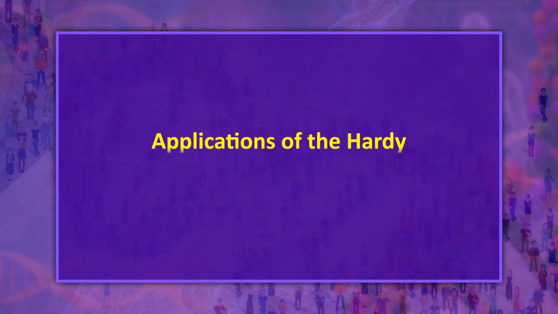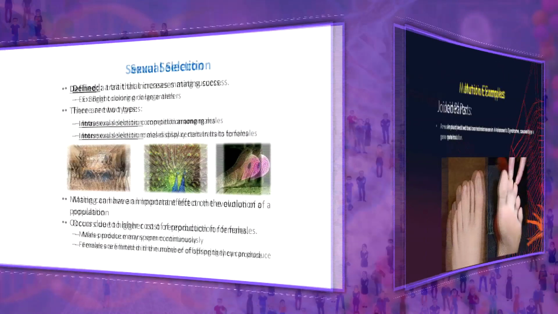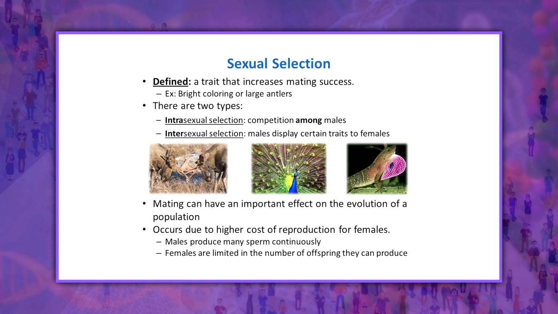Dear students, let's now discuss the applications of the Hardy-Weinberg principle. Natural populations persistently depict genetic variation arising from mutation, genetic drift, migration, sexual selection, and natural selection.